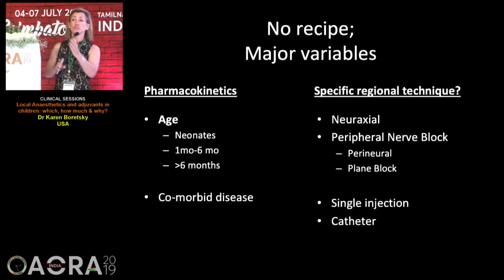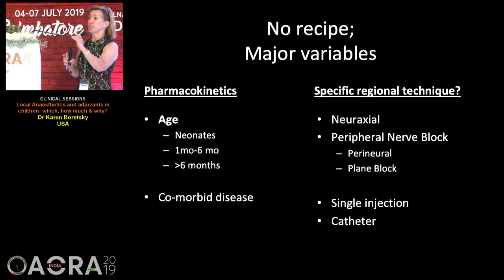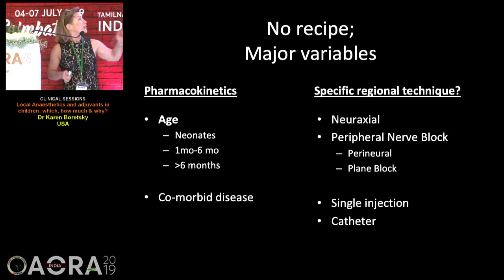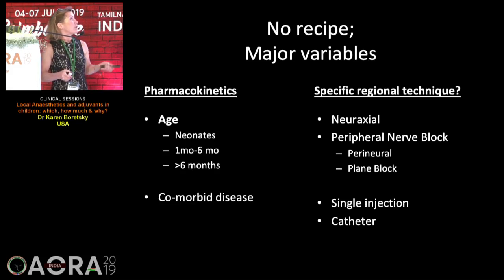So there's not going to be a recipe. I wish I could just hand you a recipe book and tell you this is what we do. In fact, there are many variables in children. There is age, and the group where we see a lot of pharmacologic differences is neonates and infants. Different comorbid diseases affect what we do.